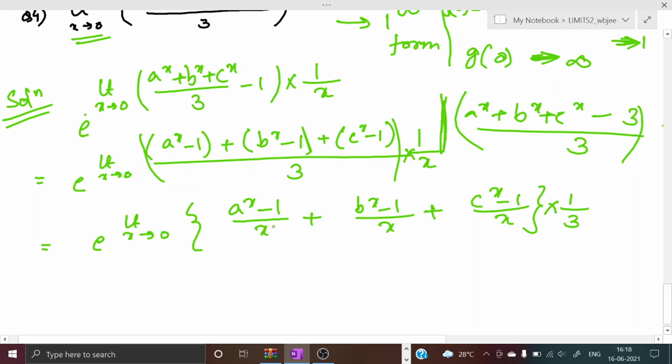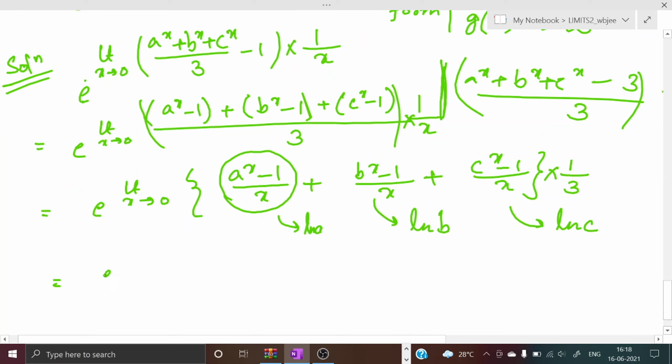So you know that this is equal to what? ln A, standard formula. This is equal to ln B, and this is equal to ln C. So what are we getting?